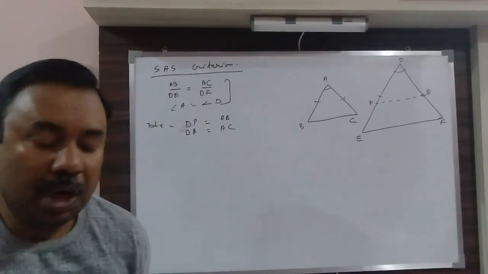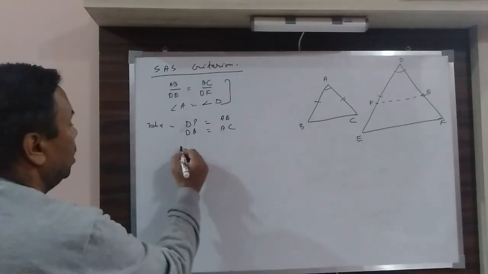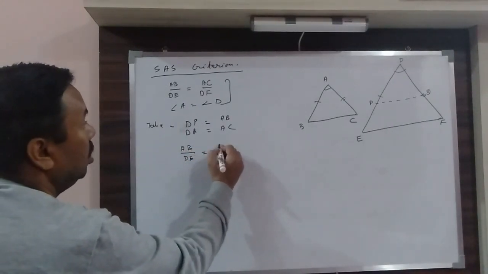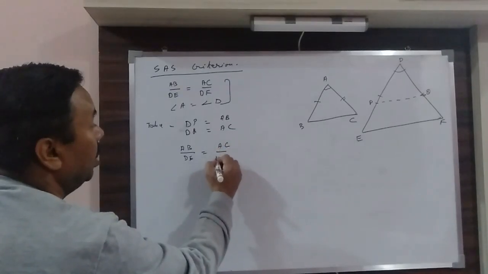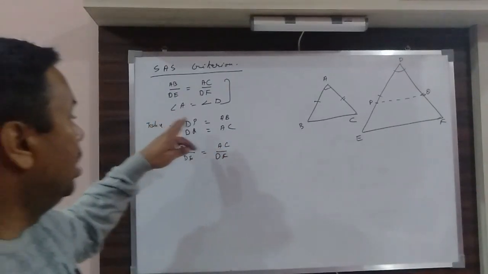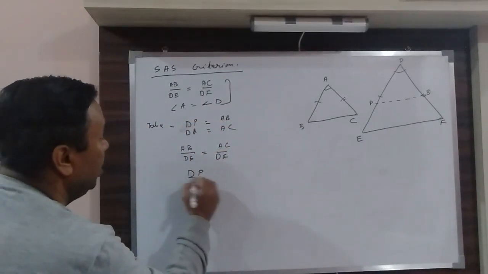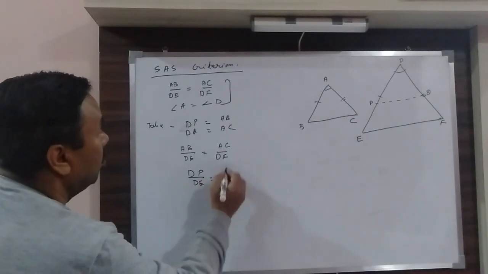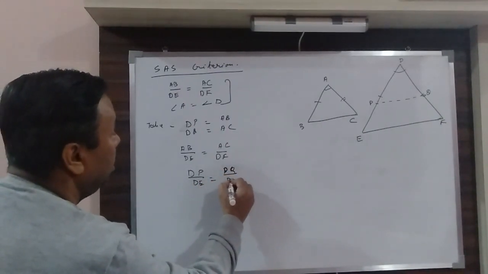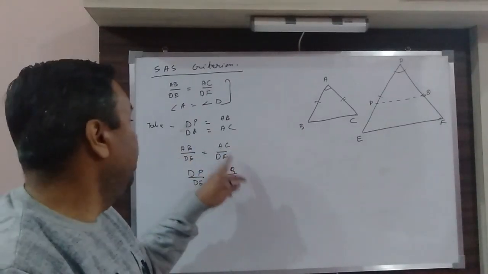Now, what is given? You are given that AB over DE is equal to AC over DF, and since I have assumed that AB is equal to DP, I can write it as DP over DE is equal to DQ over DF. For AC I can write DQ.